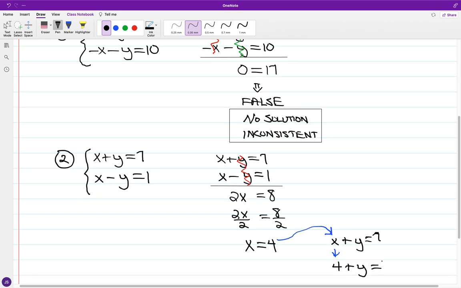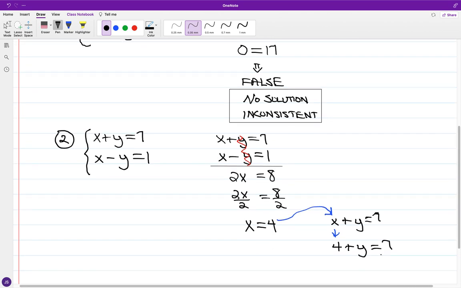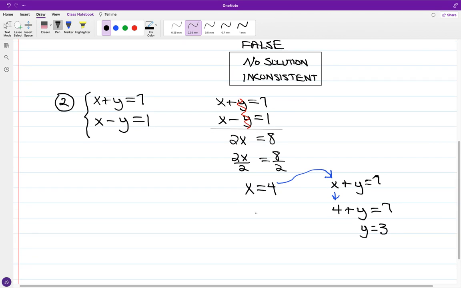So we have that 4 plus y is equal to 7, and from this we have that y is equal to 3. Okay, so x is at 4, y is at 3. 4 plus 3 is 7. Also 4 minus 3 is equal to 1.